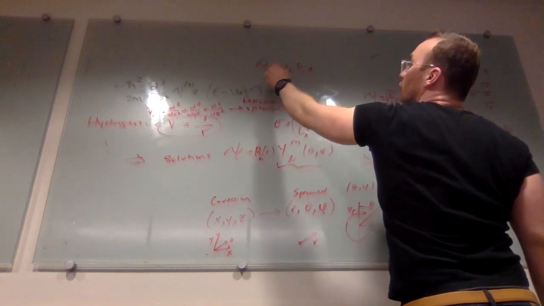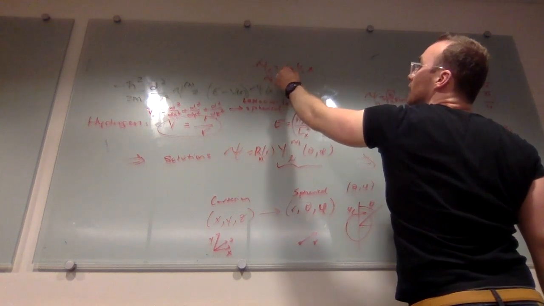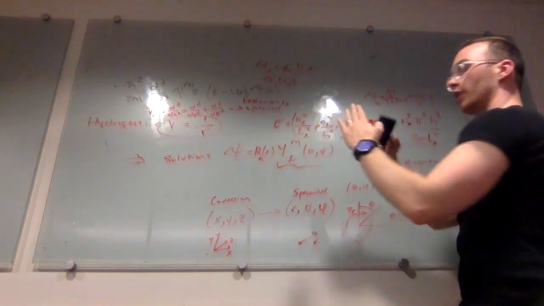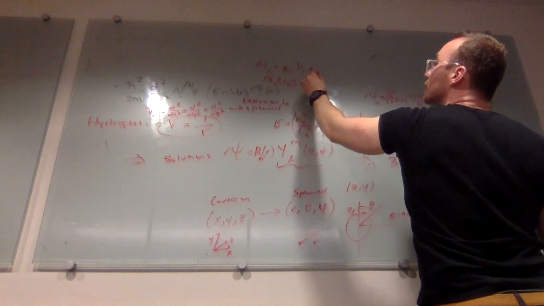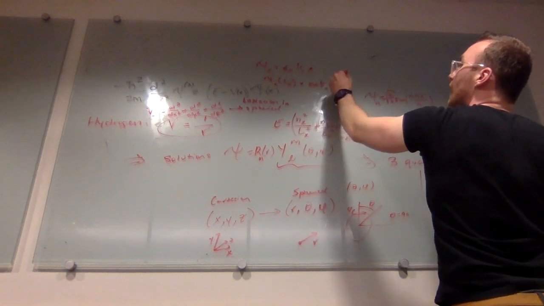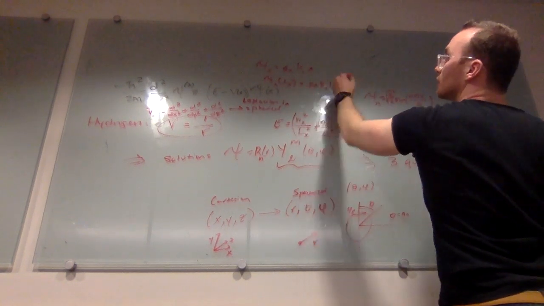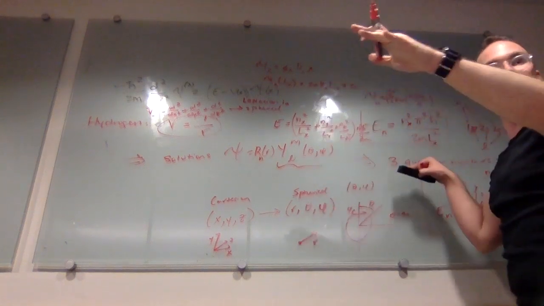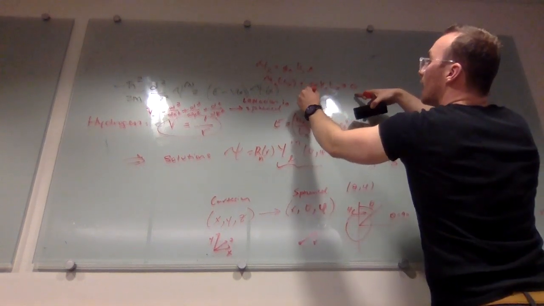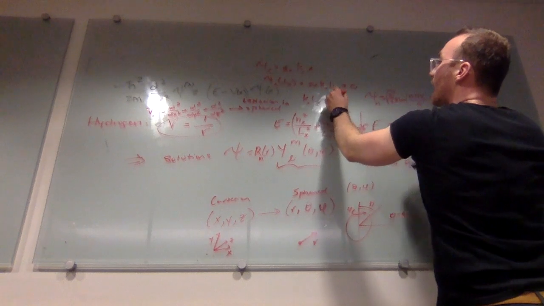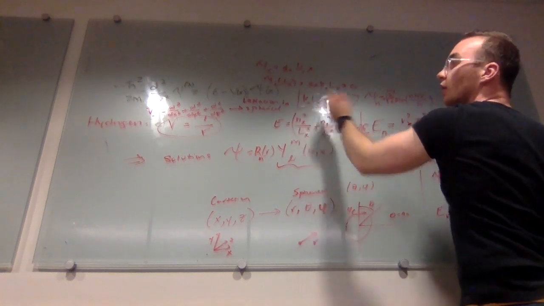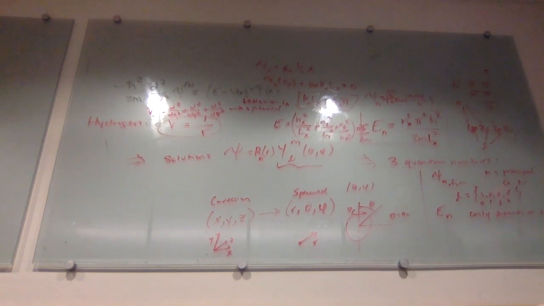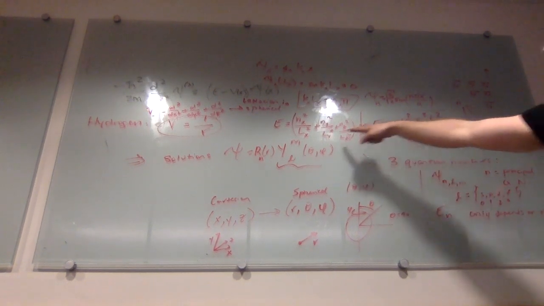The boundary condition will be psi of x at Lx, which is the end of the x component of the box, is sine of kx times Lx, and of course this has to be 0 because it's an infinite well again. Then you'll get kx Lx equals nx pi. That's the quantization condition, and you get exactly the same thing for y and z, and that's how you get this.